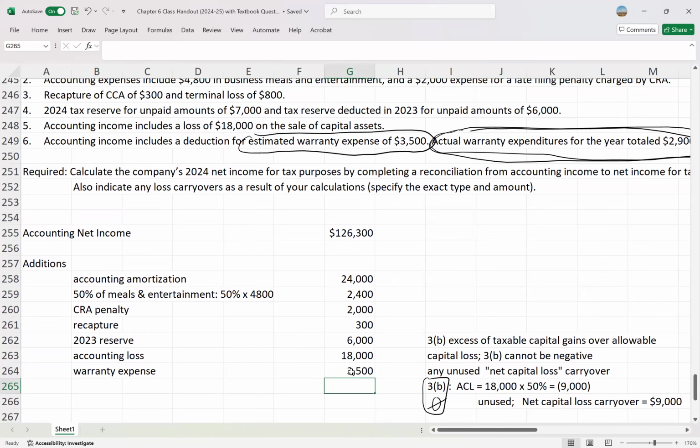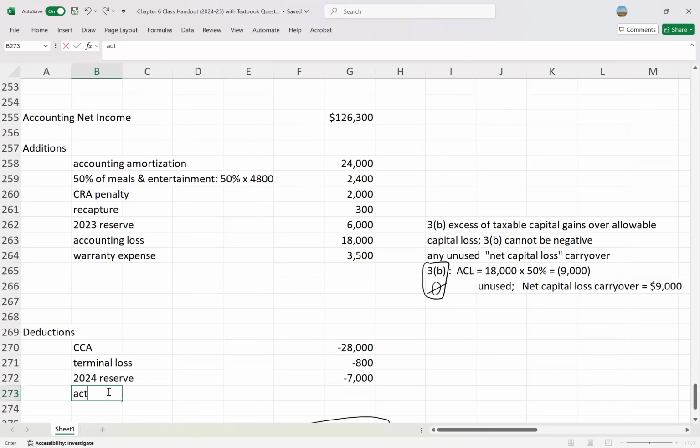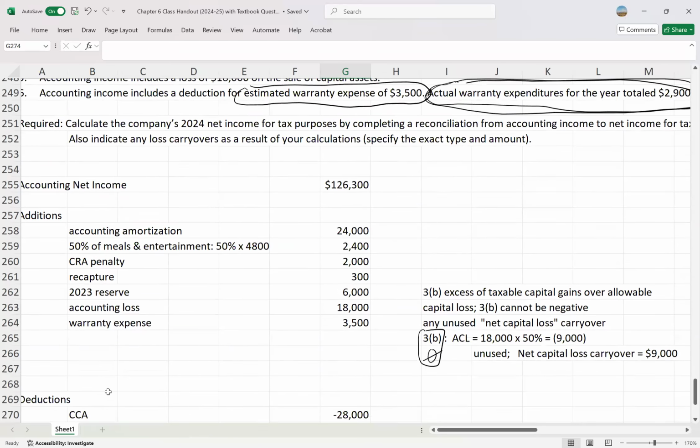And that amount was $3,500. But then we get to deduct the actual warranty expenditures. And that amount was $2,900. And that would be our reconciliation.